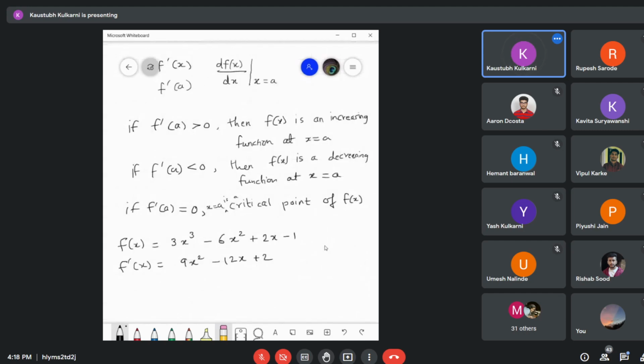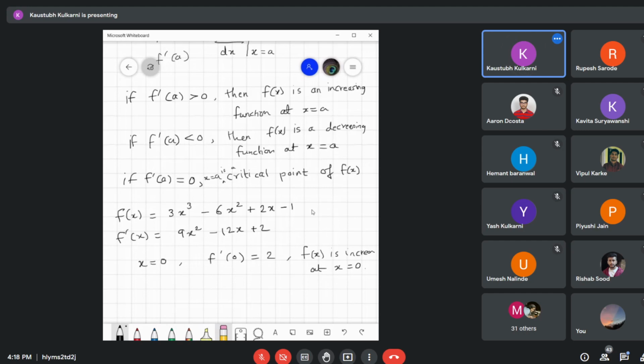Then let's take any points. Let's say we take the point x equal to 0. Then f dash of 0 is 2. Therefore f is increasing at x equal to 0.